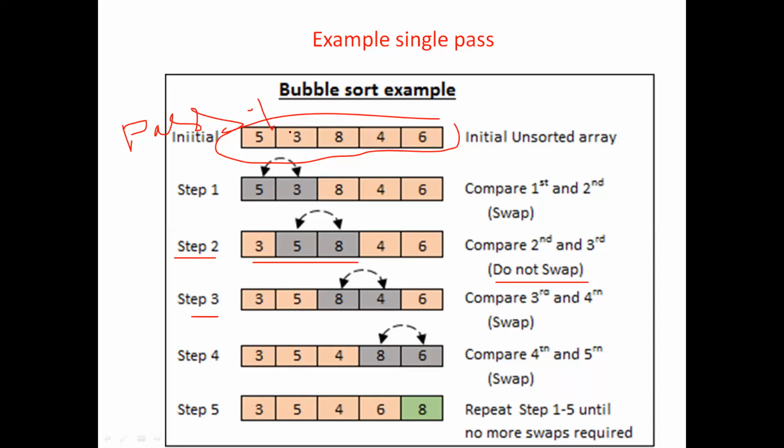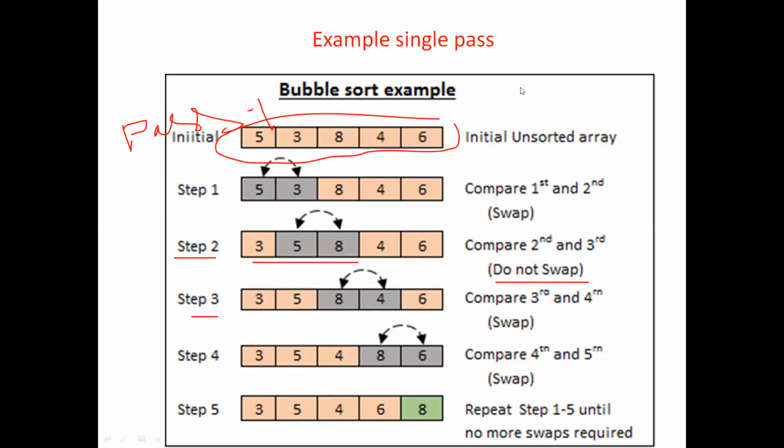From this I can understand that 8 is the highest element. Once we perform this, automatically the highest element in the array will come to the highest index. So this is pass 1.